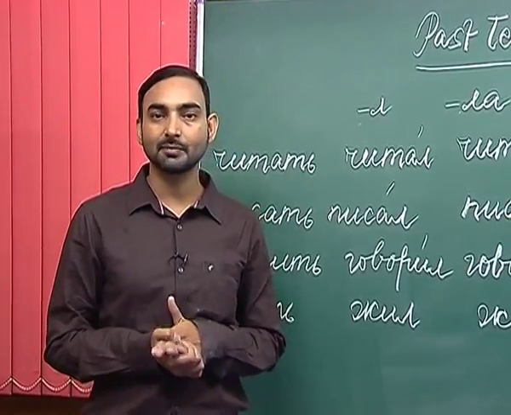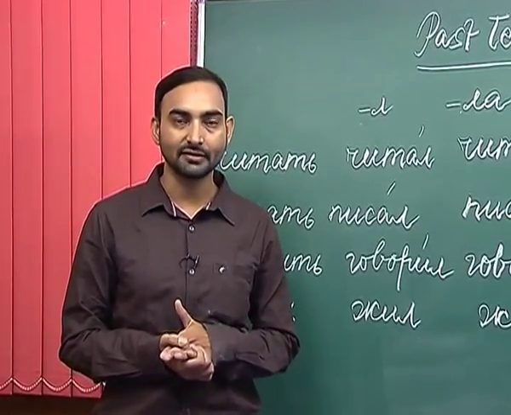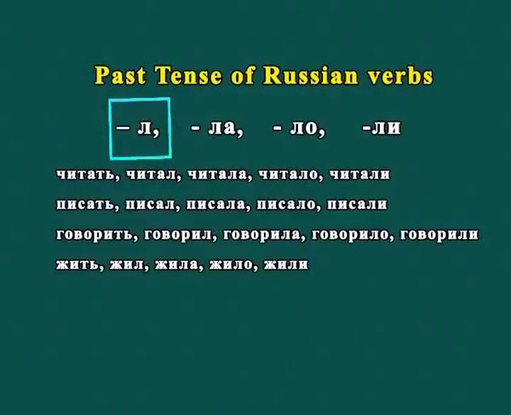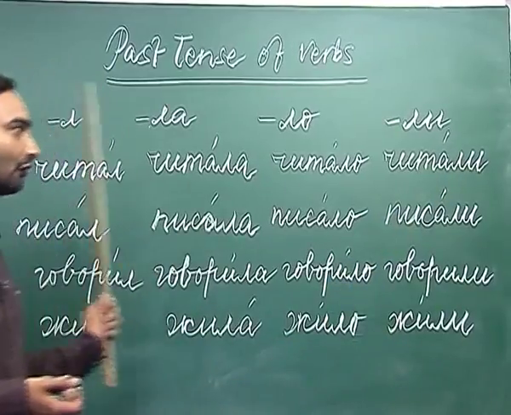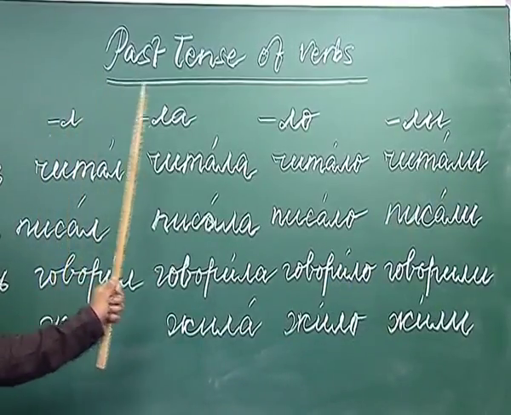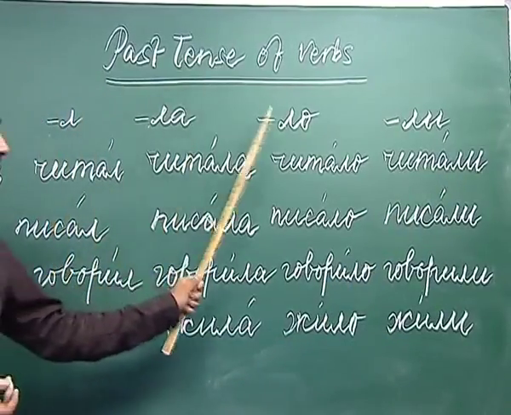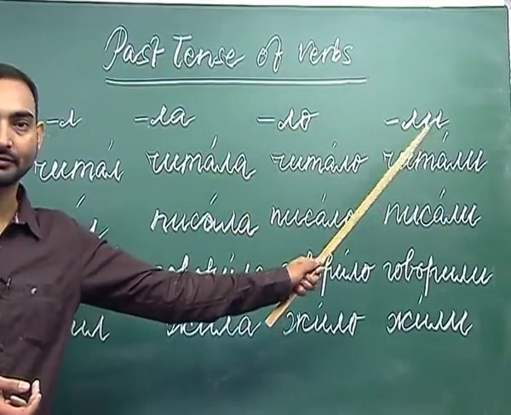You just need to remove the ending -ть and add -л in the masculine form, -ла in the feminine form, -ло in the neuter form, and -ли in the plural form. So there are four forms: masculine, feminine, neuter, and plural.